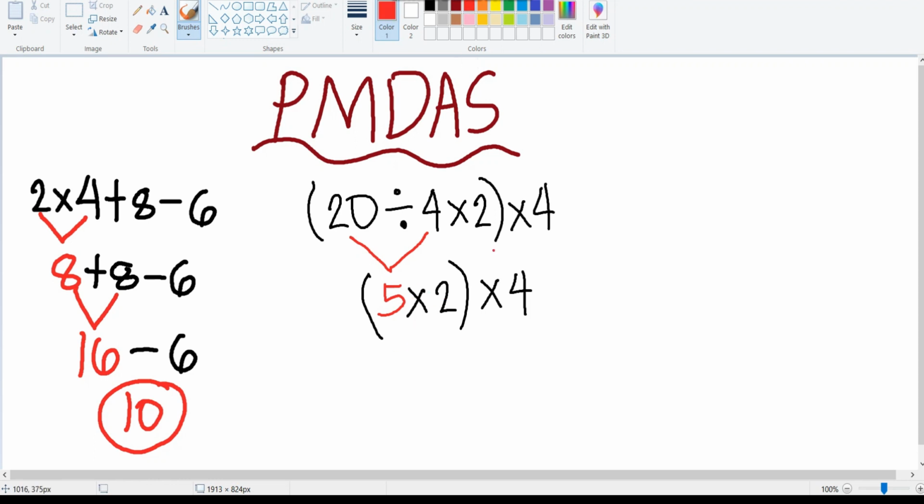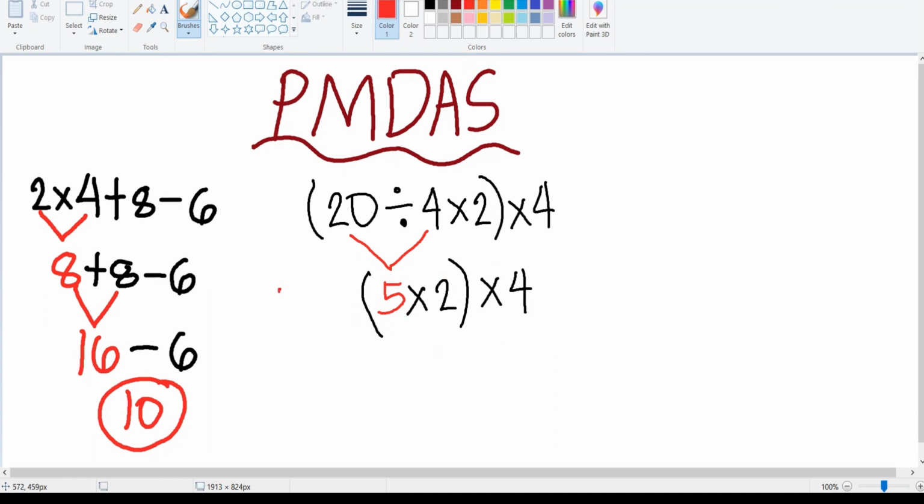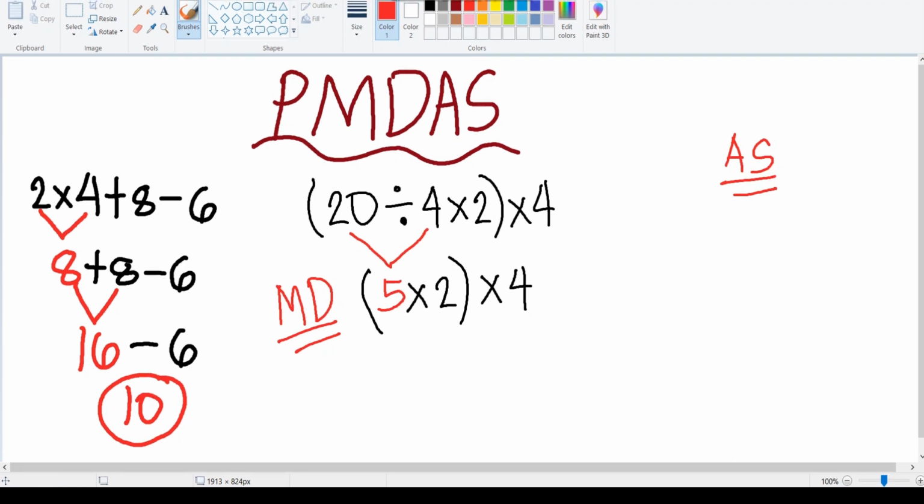Because according to the rule, as we all know, multiplication and division are always partner, and addition and subtraction are also partner. So if the two of them are present in a given expression, no matter who comes first, you have to solve from left to right, if multiplication and division are given.